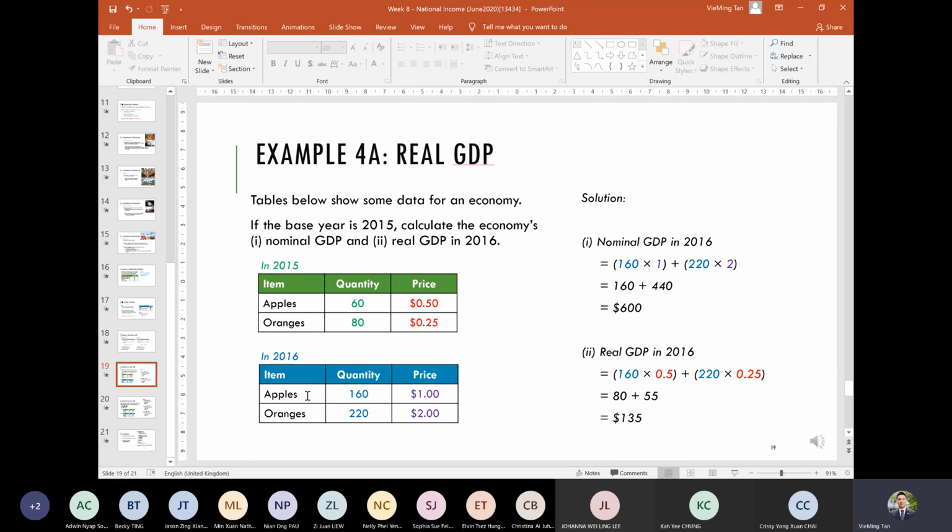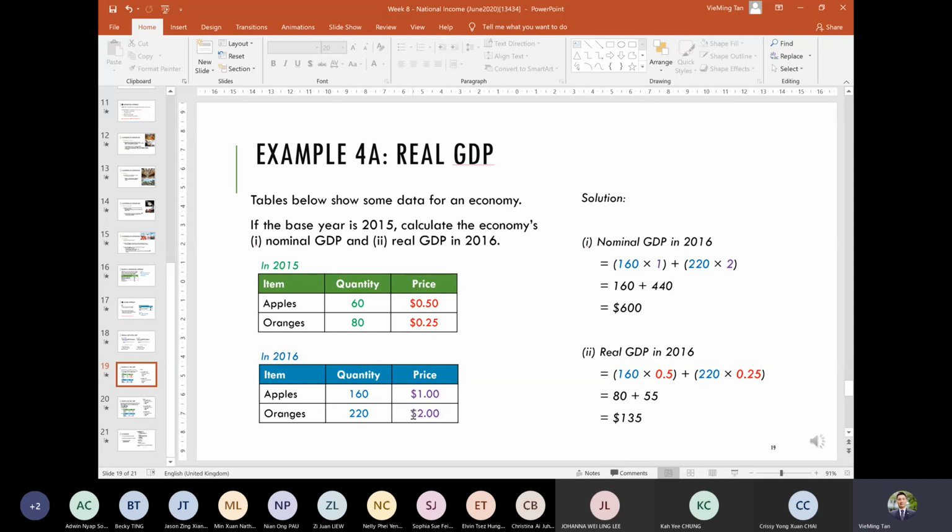For this economy, we assume that there are only two products being produced, apples and oranges only. In 2016, 160 apples were produced, and the price was $1 for each apple. Then 220 oranges were produced, and each orange has the value of $2 in 2016.